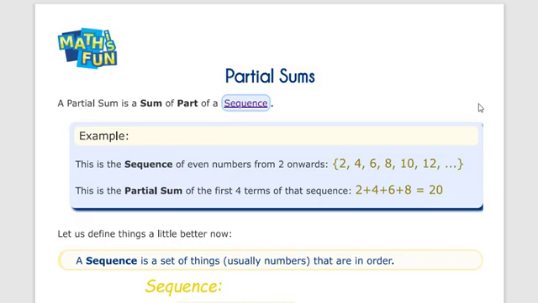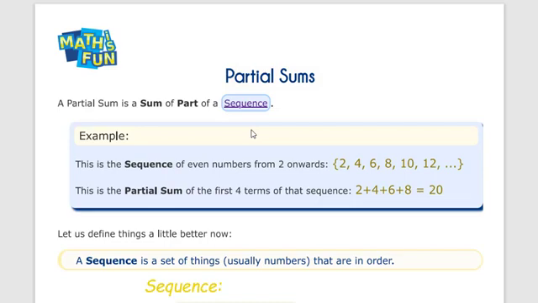In the last two lectures we have discussed two different types of sequence, arithmetic sequence and geometric sequence. In both sequences we discussed the definition, how to write them, and what rules they follow. Using these rules, we found the nth term of an arithmetic or geometric sequence.